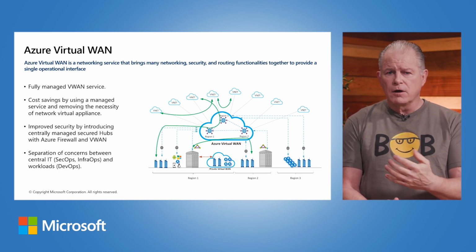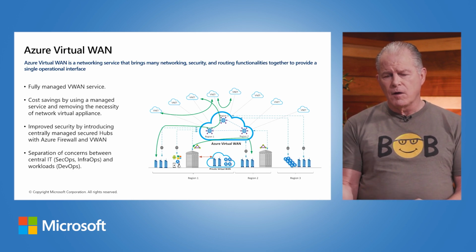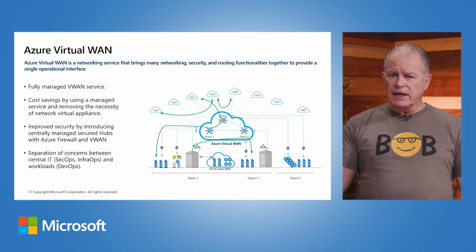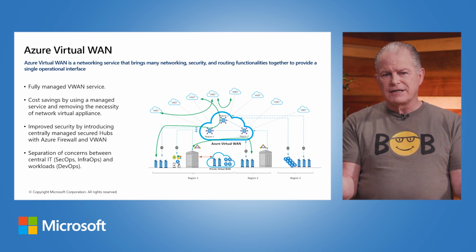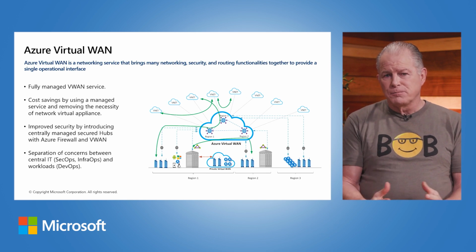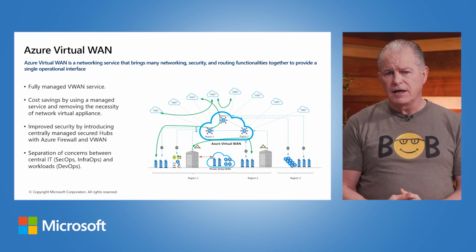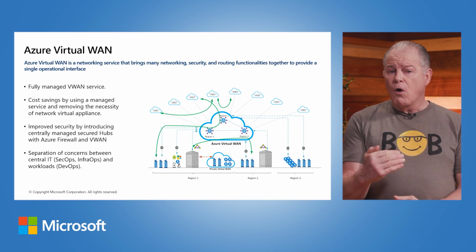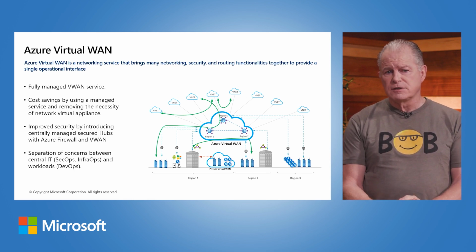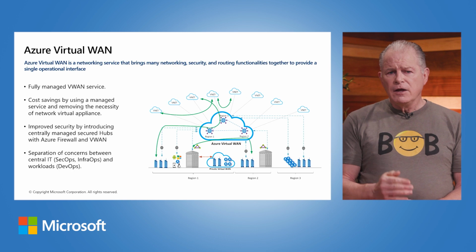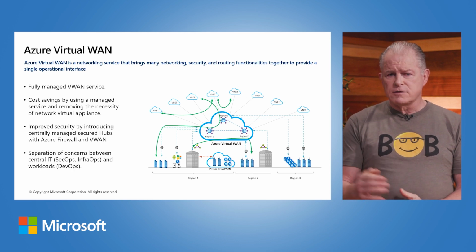Maybe we've got one in Europe, one in North America, one in Asia. And so we can have those local resources connecting to those local WANs to get access to the Azure backbone to then communicate either to each other or into the Azure resources themselves.